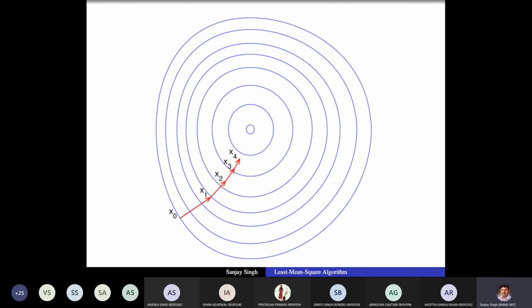Then we said, okay, we understood the concept of optimization, so what next? We said that there are three iterative techniques. The first one is gradient descent, and I explained how it works and the difference between gradient descent and gradient ascent.